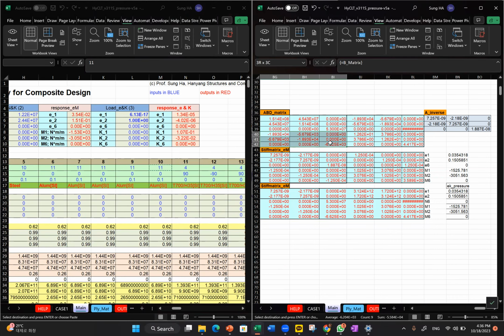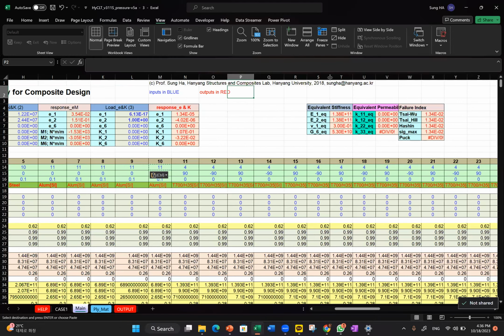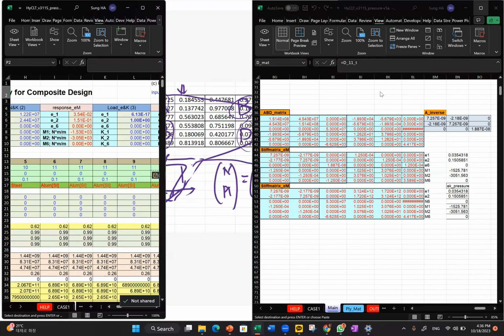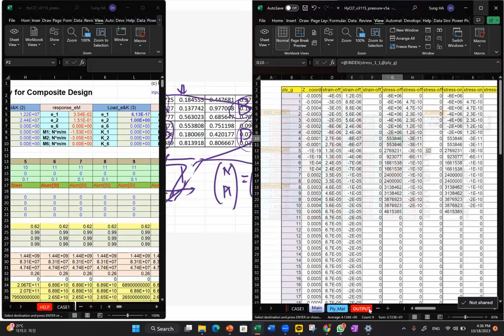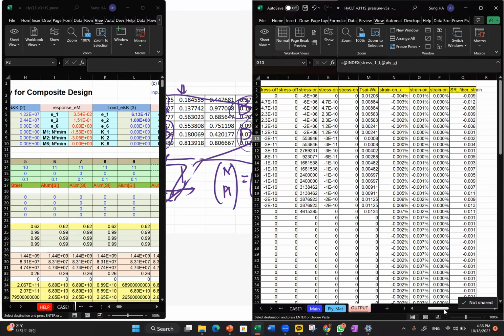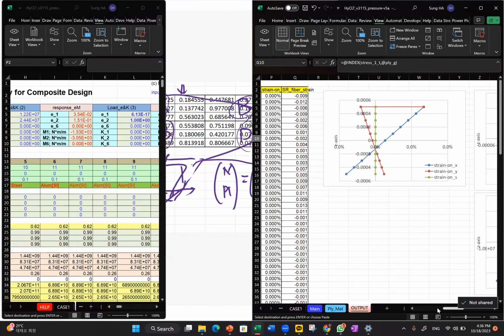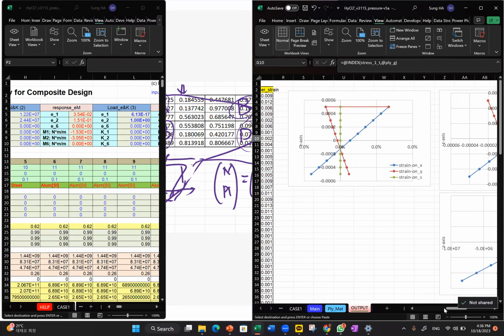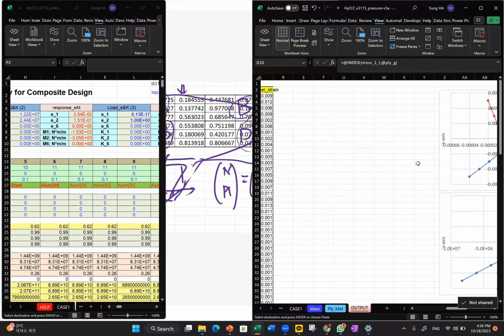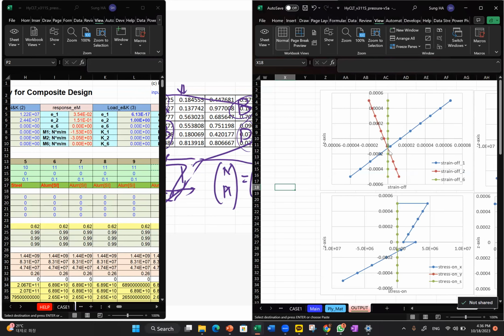So this is the B matrix, this is the A matrix, and this is the B matrix. This is the observation, and we also observe that the strain is non-zero here. Here is a zero, so we have a non-zero strain.